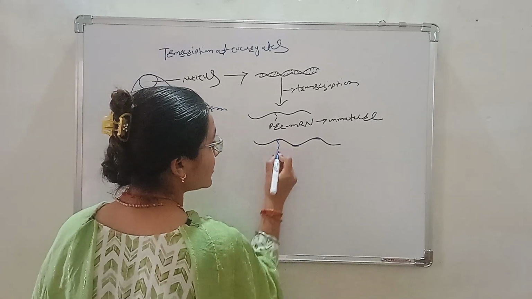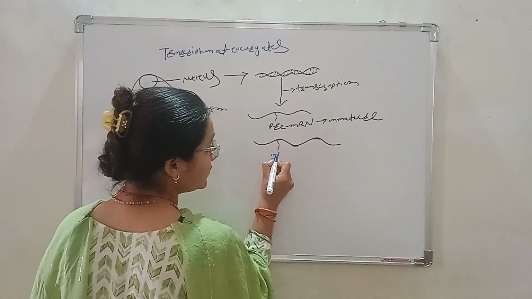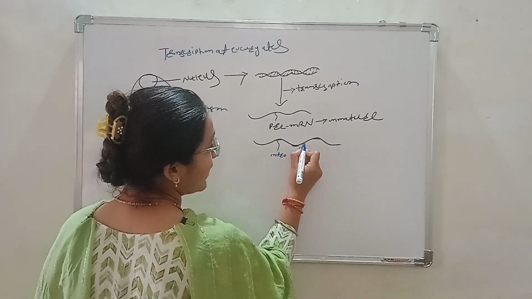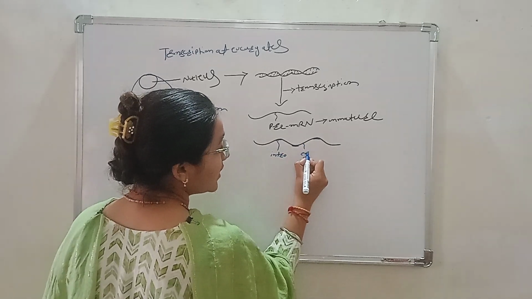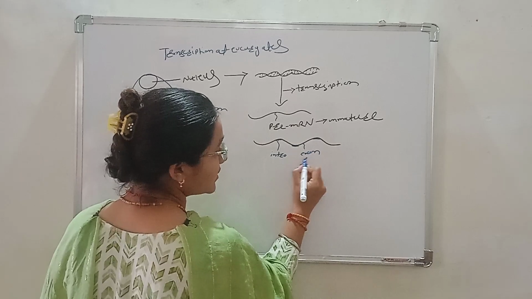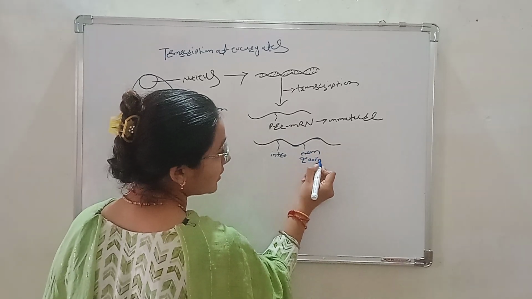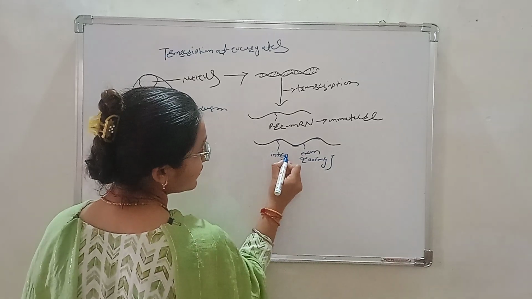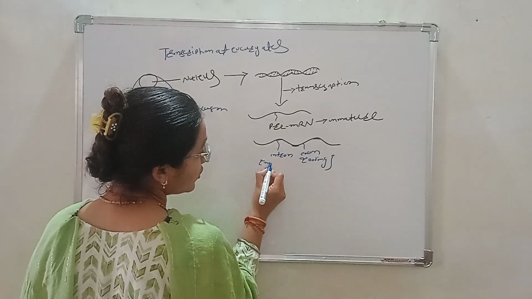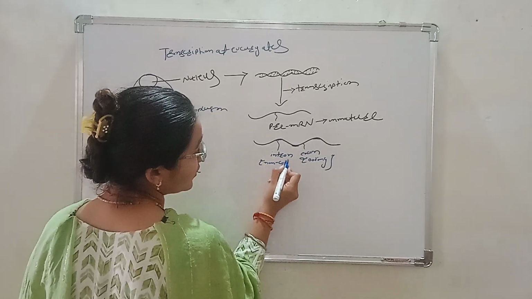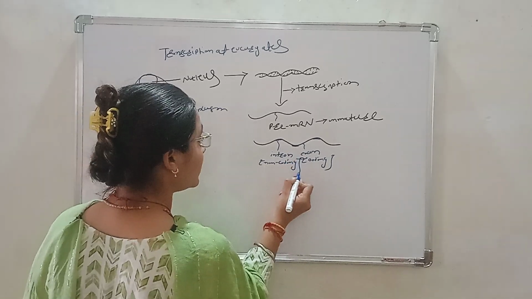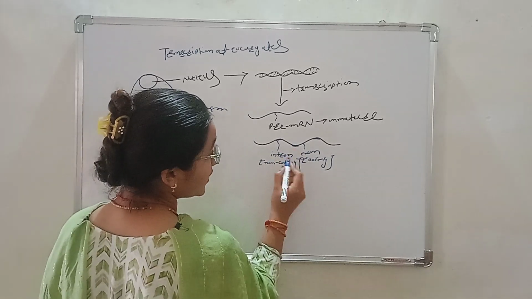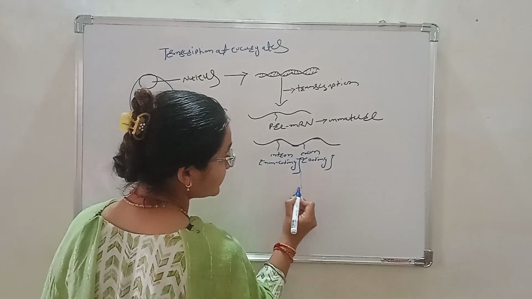This is known as intron, and this black portion is known as exon. It's a coding part, and this is a non-coding part of mRNA.